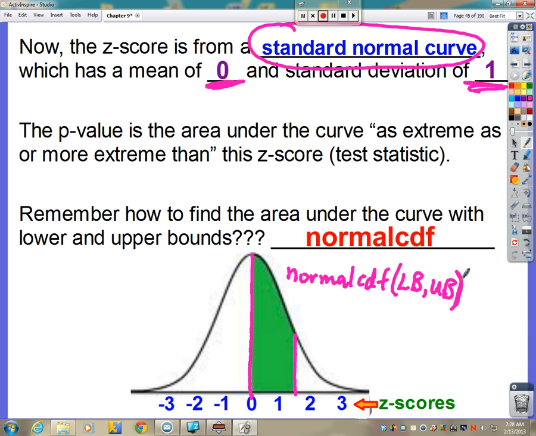So really we can just stop after the upper bound. We don't have to put in 0 and 1 because by default it will put them there for us. So we're just going to be putting in the lower bound and the upper bound values for normalcdf. And whatever answer we get from that, that is our p-value, okay? And that's what we're going to be comparing against our alpha value.